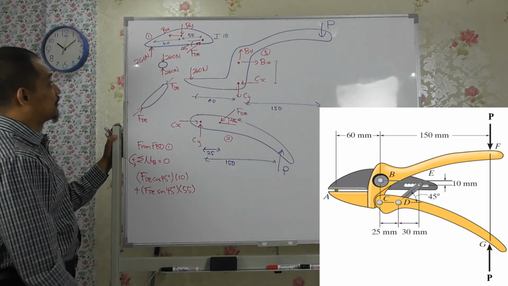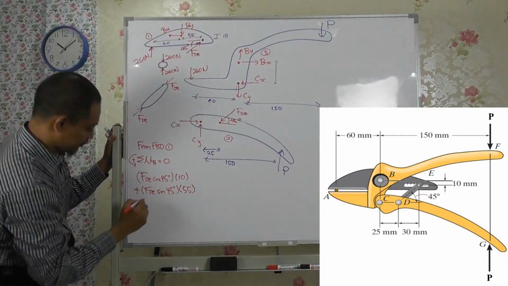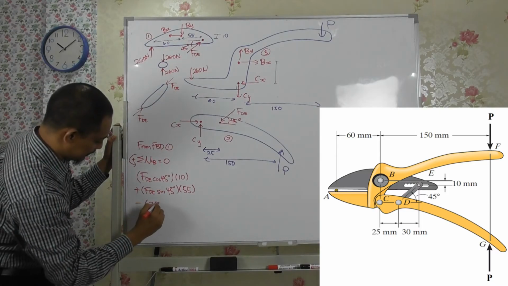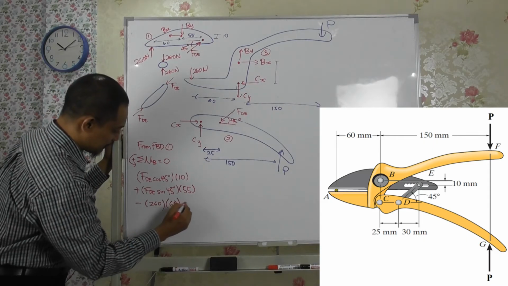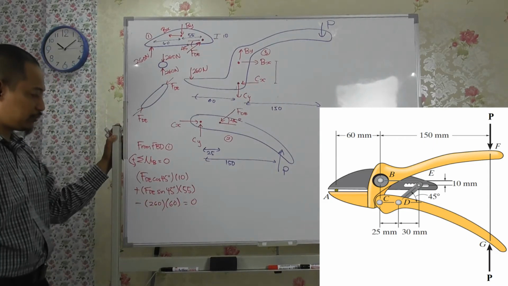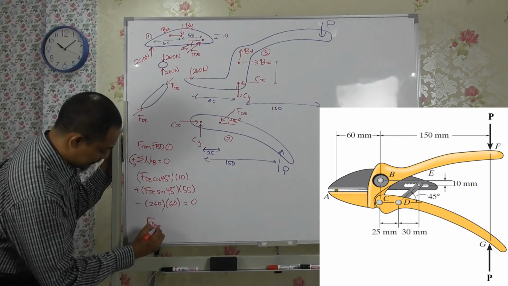right? And then we have another force that produces moment about point B, which is this one, right? So it is creating clockwise, so minus 260, and then the distance is 60. All of this, if you add, it should be equal to 0. From here you can calculate what is FDE.